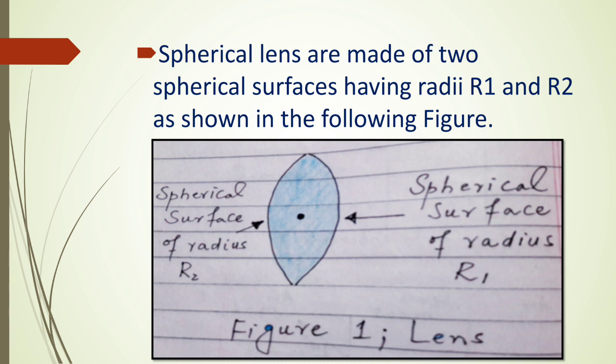So R1 and R2 are the radii of these two spherical surfaces, and this is the structure of the spherical lens.